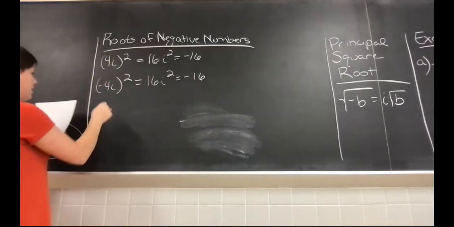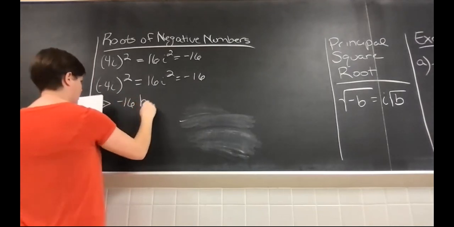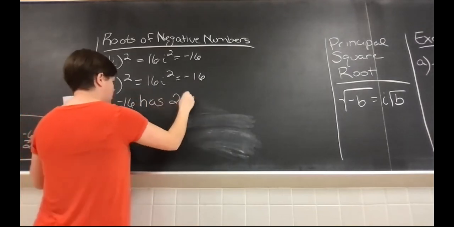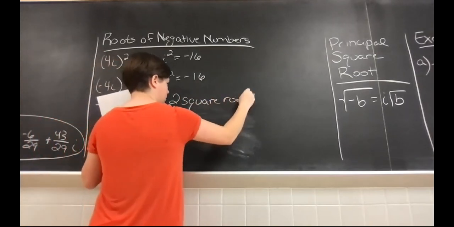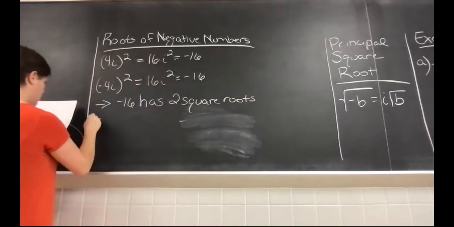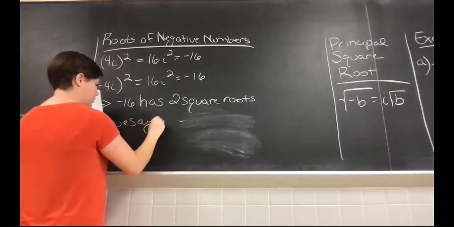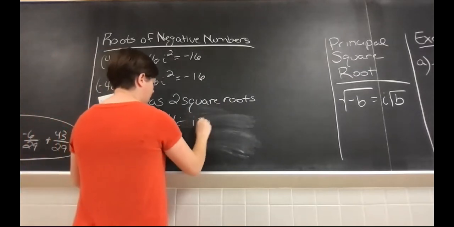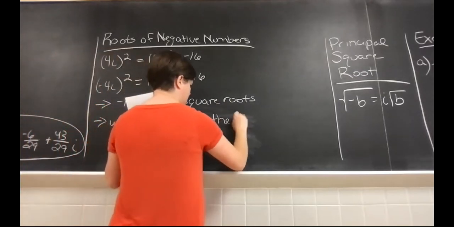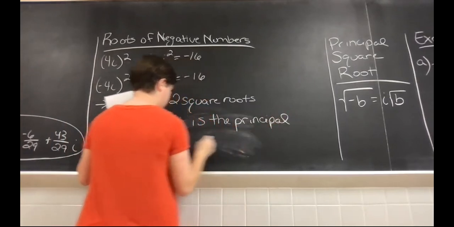Again, similar process to what we just did right here. And so what this tells us is negative 16 has 2 square roots. And we say that 4i, the positive one, is the principal square root.